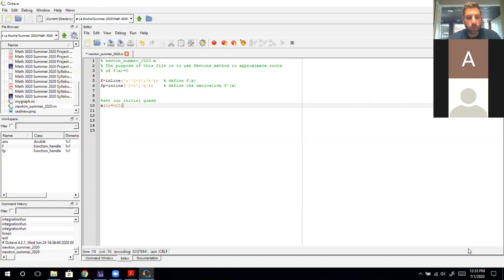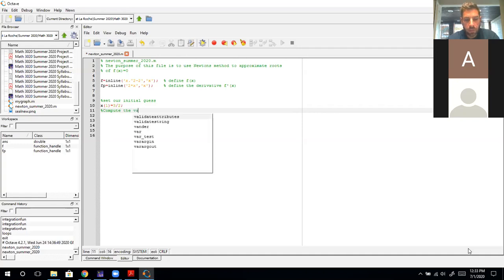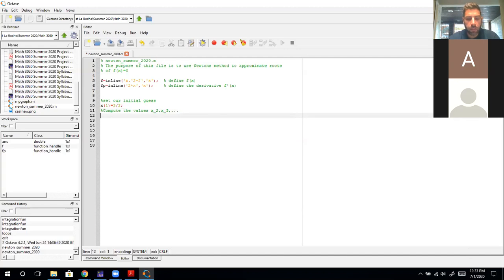And now we're going to compute the other values. What were the other values? Well, these were X sub 2, X sub 3, etc. The thing about these is we can't use subscripts, so we'll tell the computer to do it for us.